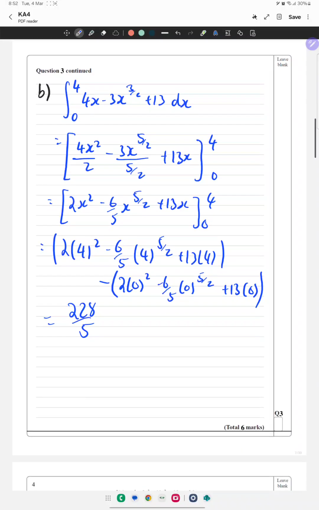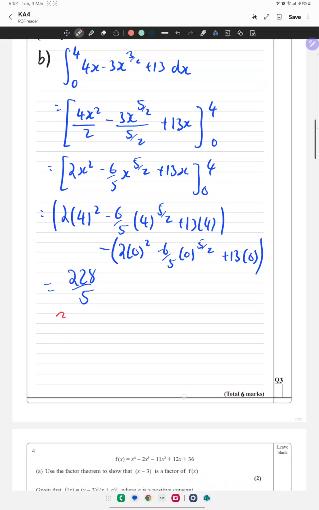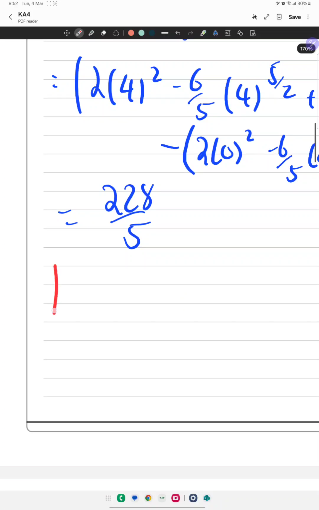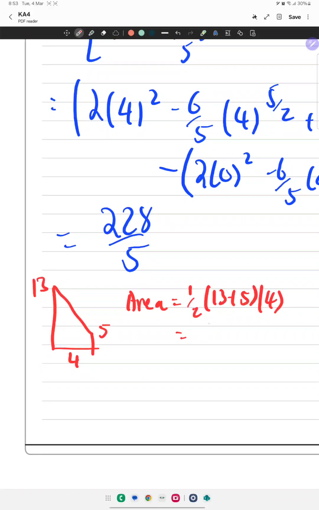Okay, now for our trapezium then. We've already said we had heights of 13 and 5 and a distance of 4. So area here is going to be a half of a plus b, the parallel sides, times 4, 18 times 2, which is 36.